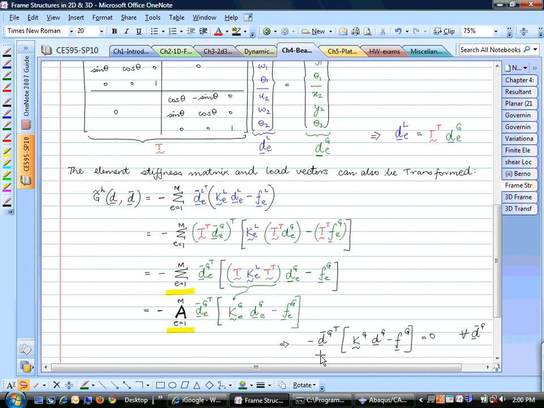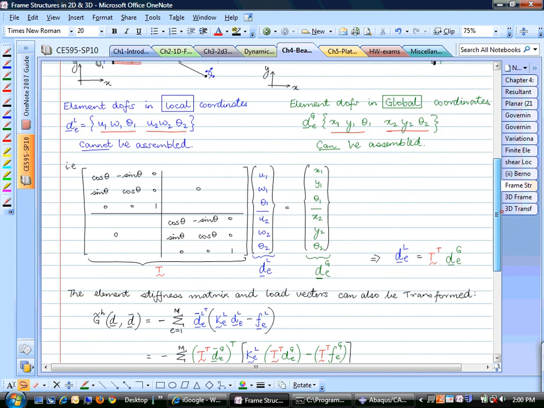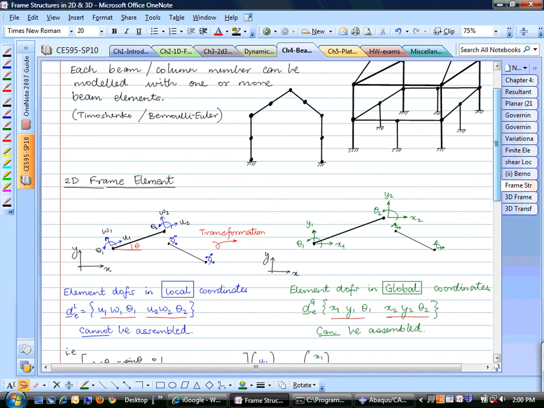So once you do that, you get the same equation, and now you can solve for this D using boundary conditions. So the essential point here is that to be able to assemble these element stiffness matrices, that matrix that I gave you on the previous page, 6 cross 6 or 4 cross 4, you need to transform that to the global coordinates.